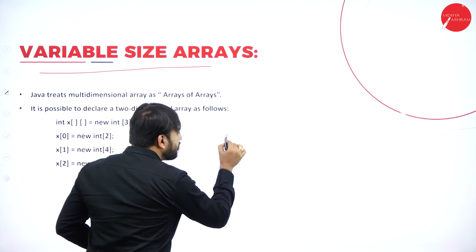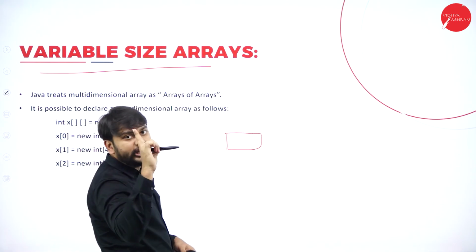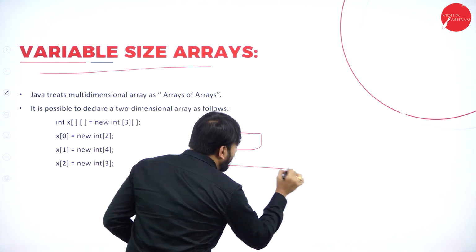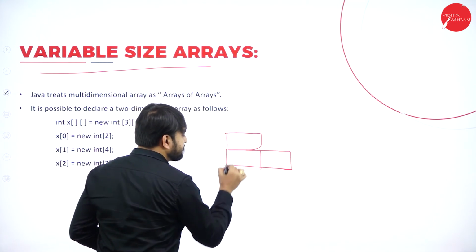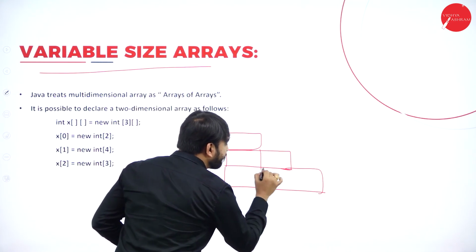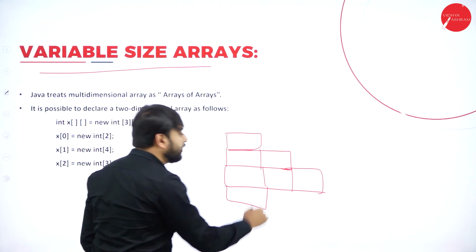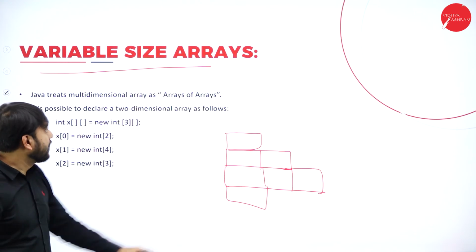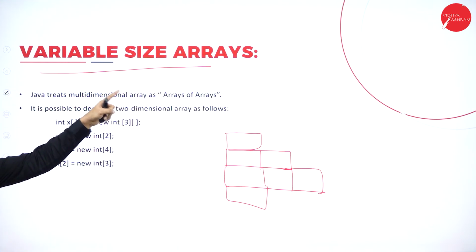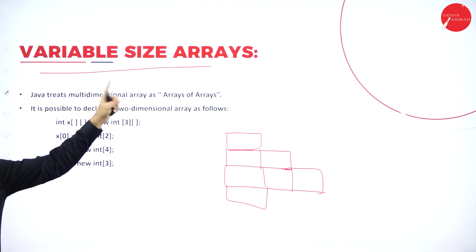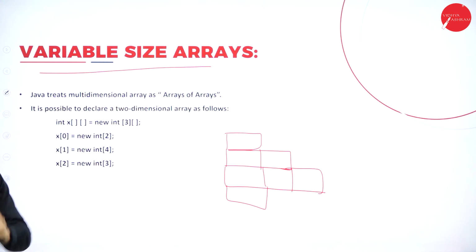Say for example, in the first row I will have only 1 element. In the second row, I can have 2 elements. In the third row, I can have 3 elements. Or in the fourth row, I can have only 1 element. This is what I will call a variable size array. That's what we have declared here.